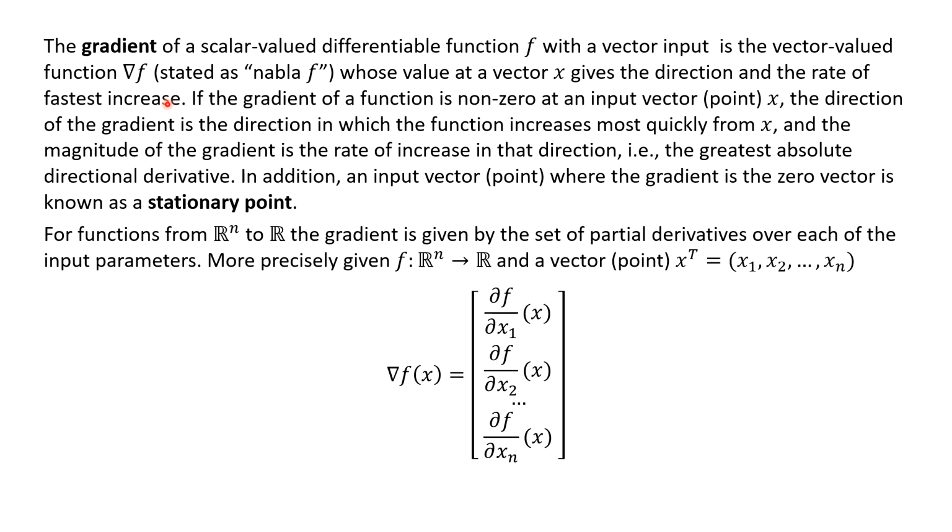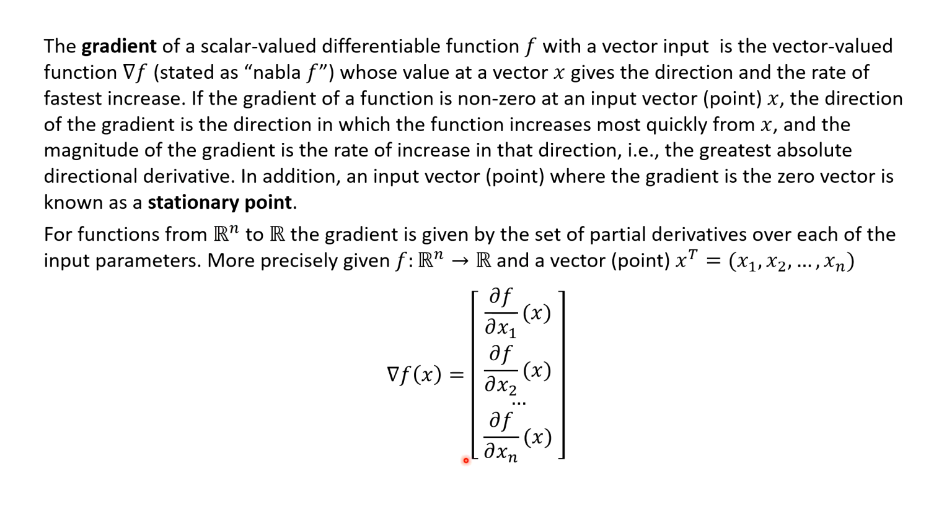If the gradient of a function is non-zero at an input vector or point x, the direction of the gradient is the direction in which the function increases most quickly from x, and the magnitude of the gradient is the rate of increase in that direction, i.e. the greatest absolute directional derivative. In addition, an input vector where the gradient is the zero vector is known as the stationary point.